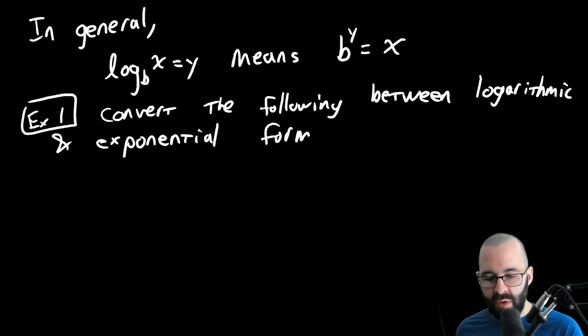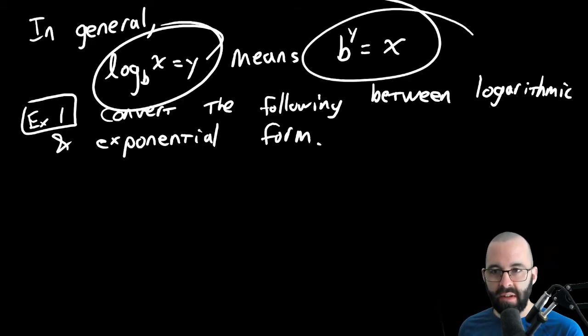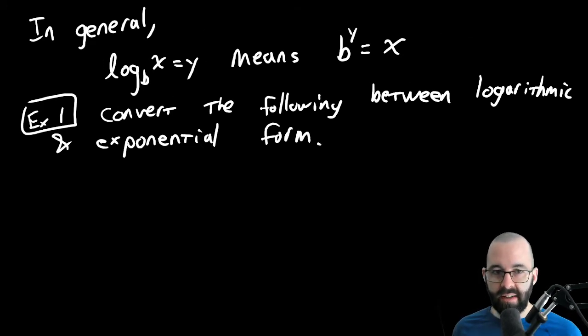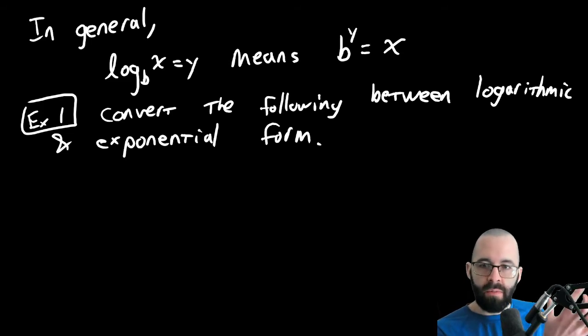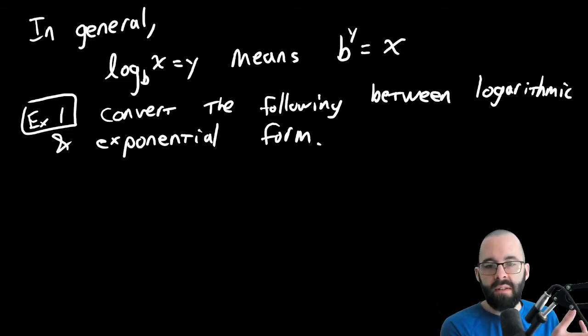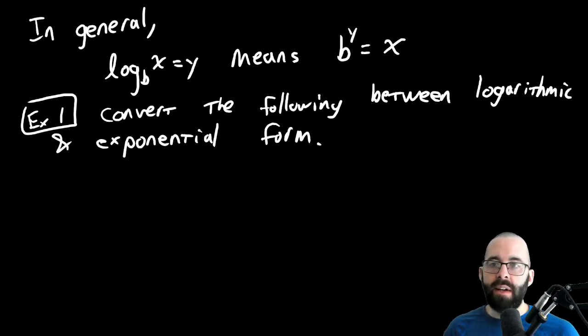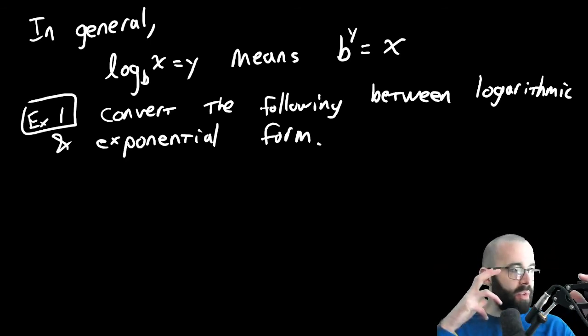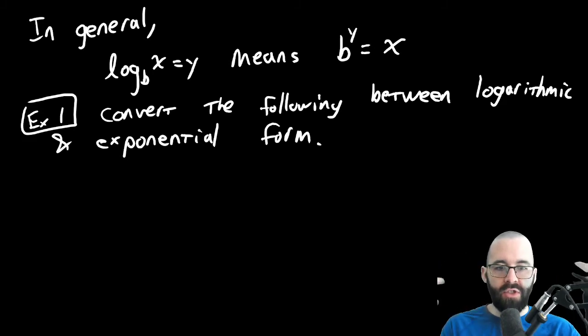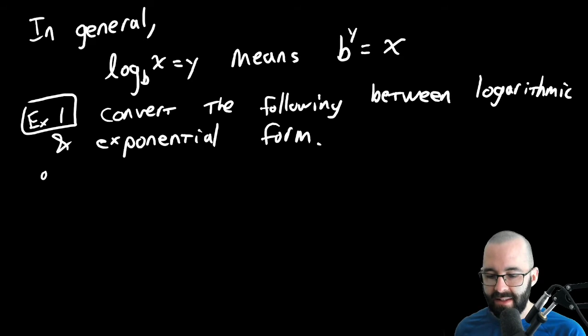So I'm just going to give you either this or this, and I want you to translate. Because sometimes we want logarithmic form. Some things are easier in logarithmic form, like solving equations or using special properties of logarithms. And sometimes exponential form is easier. Computation is usually easier in exponential form. So it's very useful to be able to switch between both of them and then just choose whichever one's more useful for your task at hand.